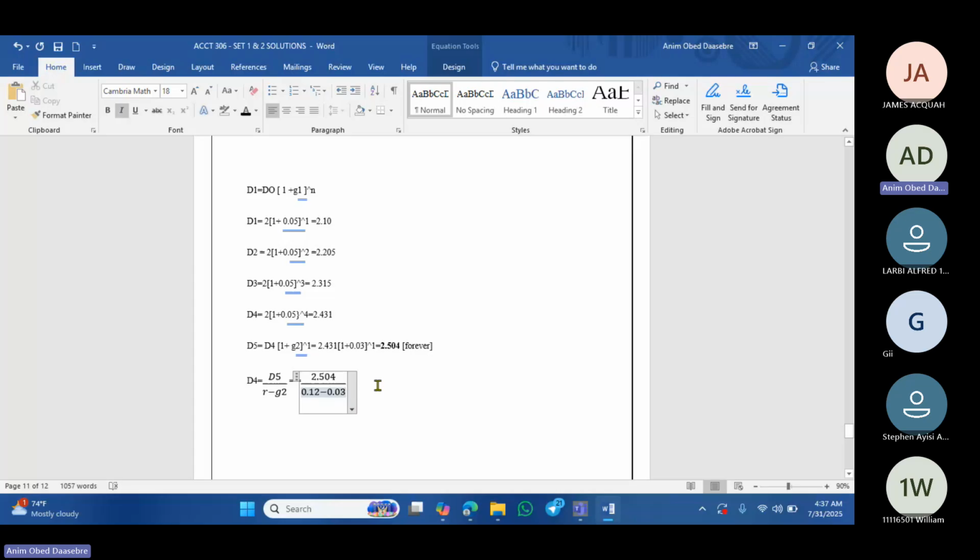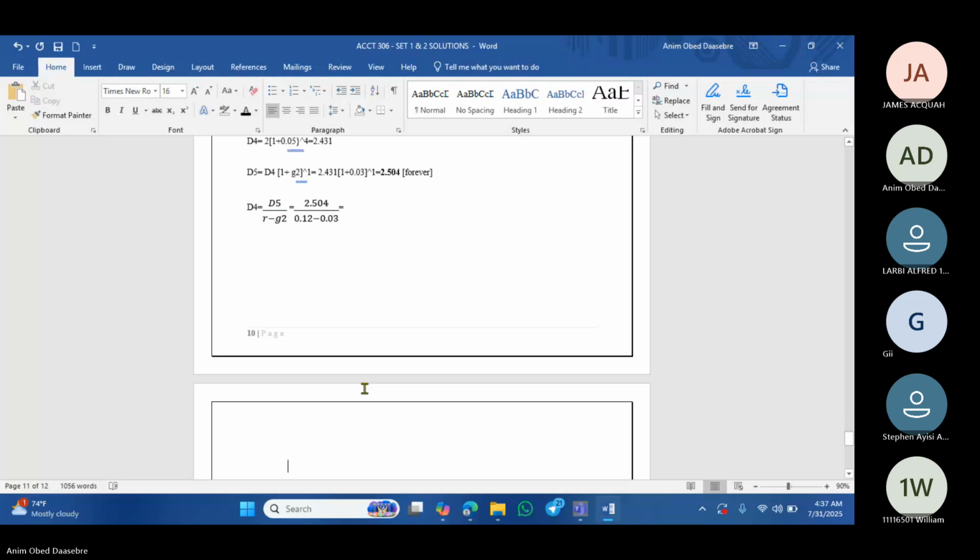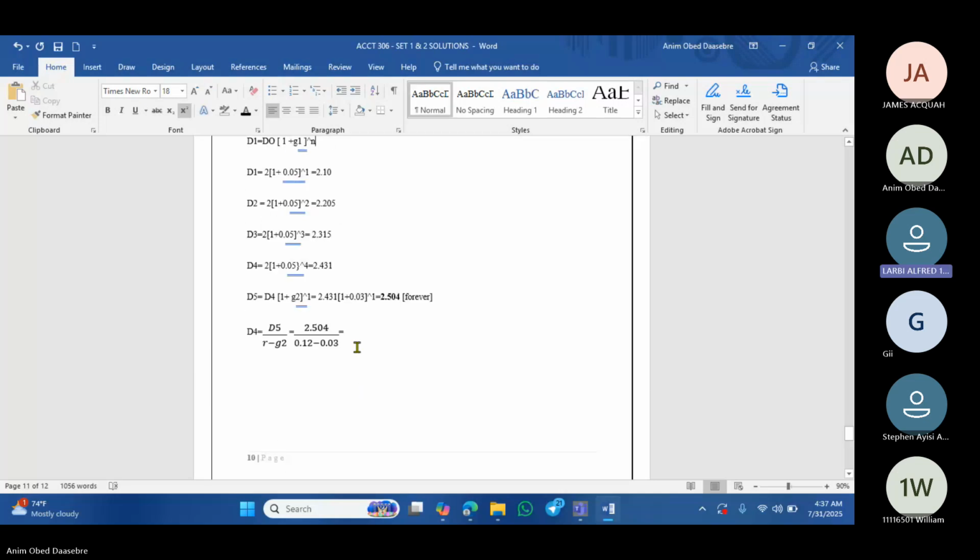So when you compute it, you are going to get 27.822.